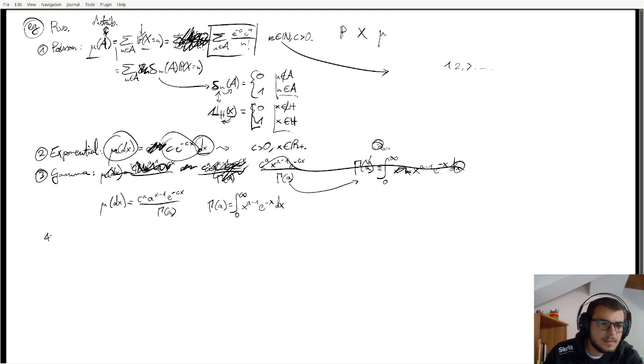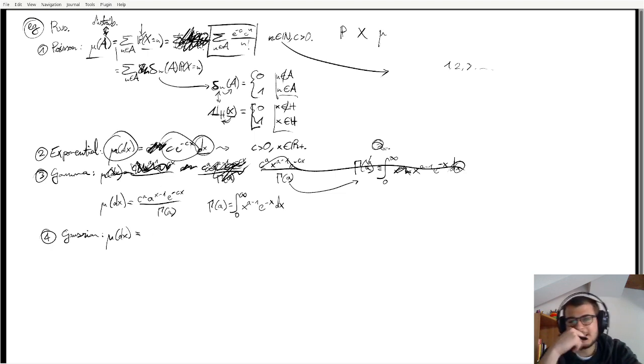Next is the famous Gaussian or normal distribution. And it's the distribution in differential form, which is basically the density. This is an important point.